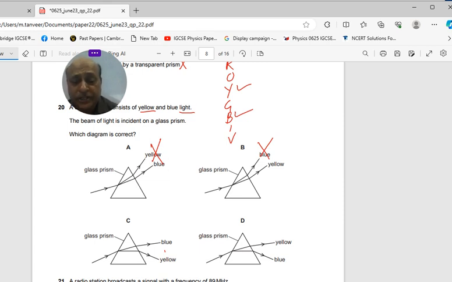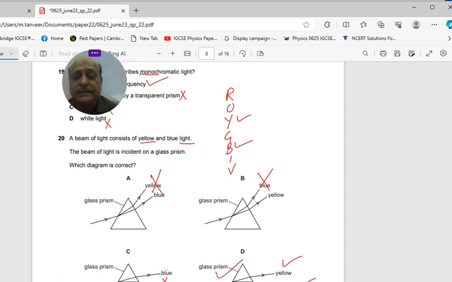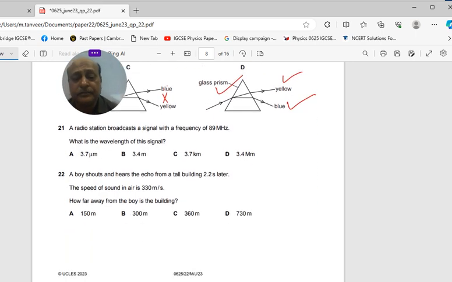Red, orange, yellow, green, then blue. Here blue is first and yellow is below, so it is wrong. In this, yellow, then green, then blue. So this order is correct. So you have to memorize this order of 7 colors. Red, orange, yellow, green, blue, indigo and violet.